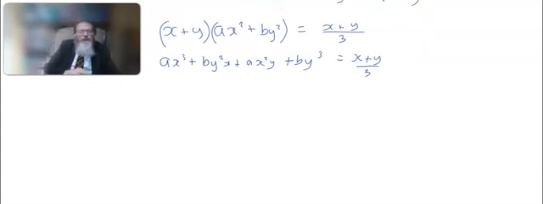And so we see that we get ax cubed plus by squared x plus ax squared y plus by cubed.